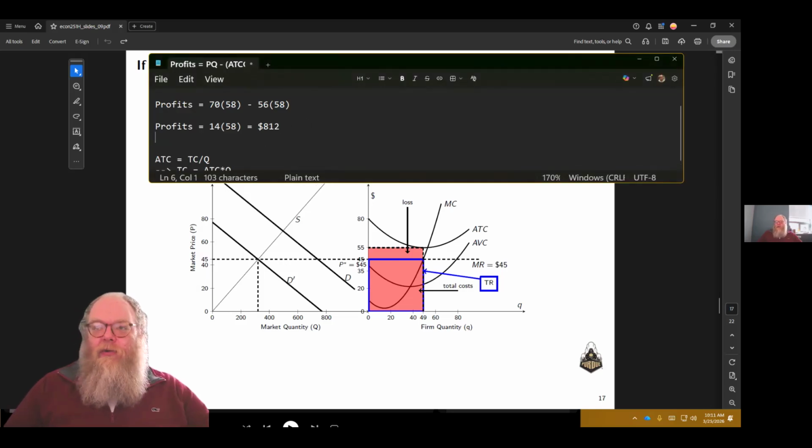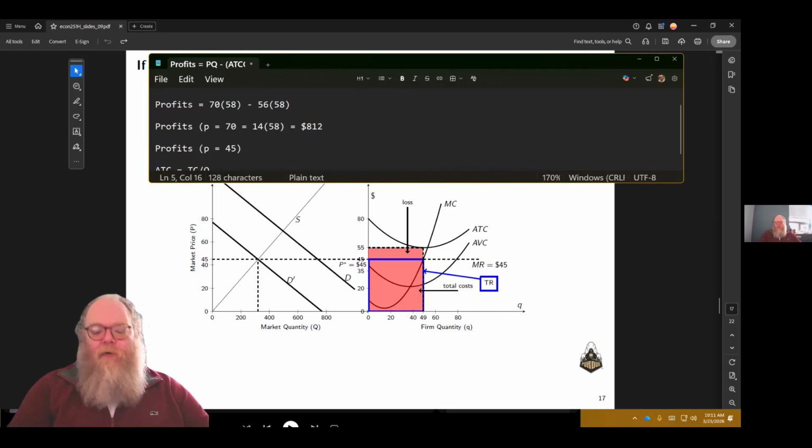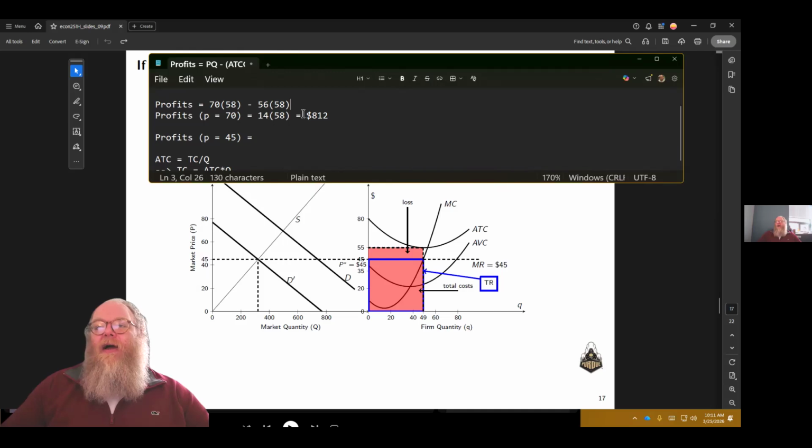Okay, so we'll say profits, and then we'll just say P is equal to 45, and then we'll add here, P is equal to 70, right? Okay, so profits were 812 when the firm was able to sell their product at a price of 70. So let's see what happens when the firm is only able to charge 45.